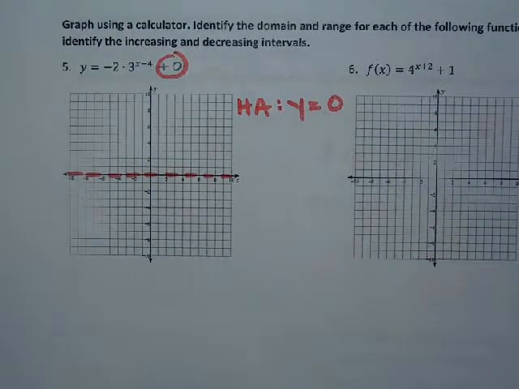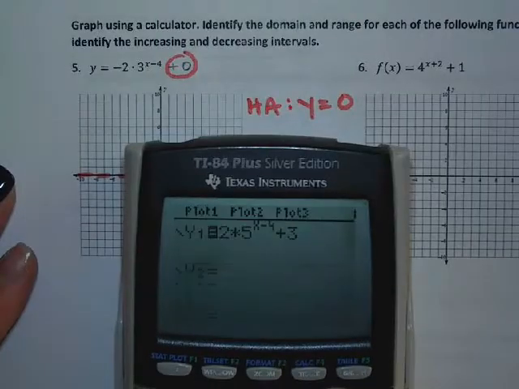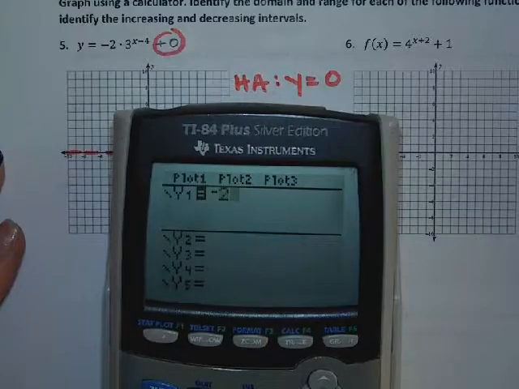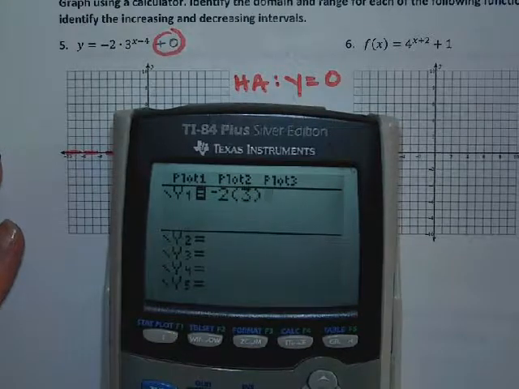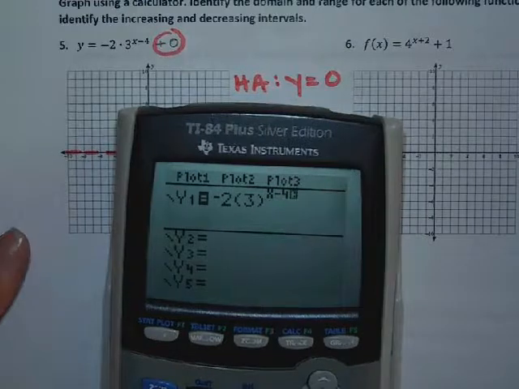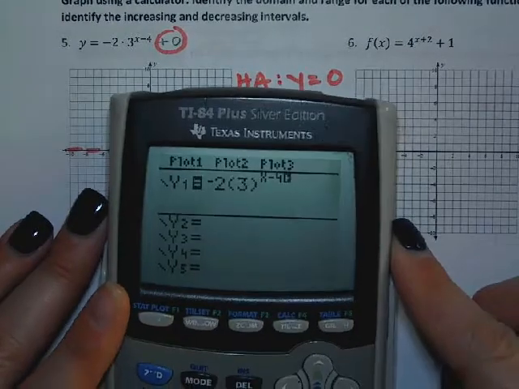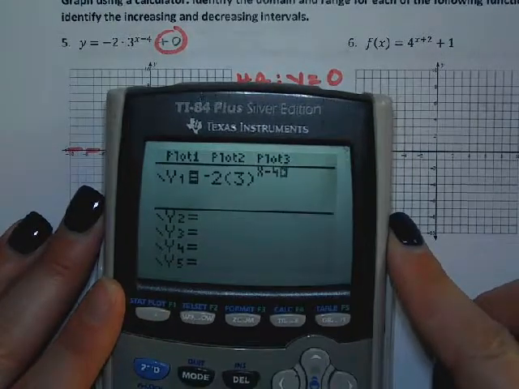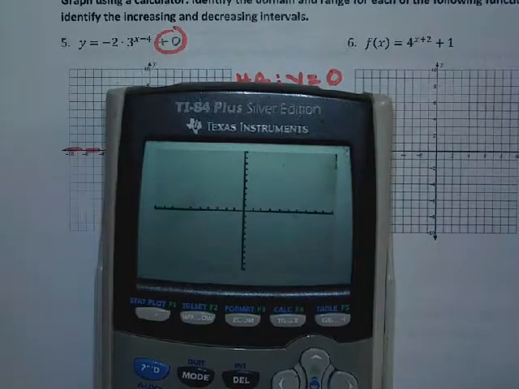Okay, this one doesn't ask us to find any transformations, so we can go ahead and just start with graphing it. So we have -2. I'll go ahead and put my multiplication using parentheses this time because it doesn't really matter. So times 3 to the x minus 4. I'll hit graph.